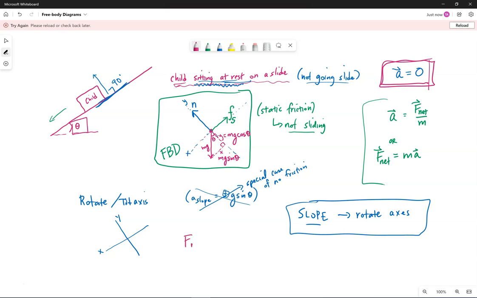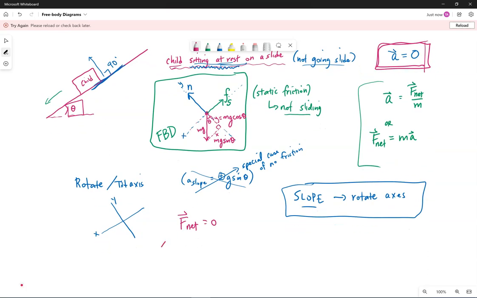F net is 0. That has to be true for both the x and y direction. So if we were to look at the x direction specifically, meaning along the incline, I know we have mg sine theta.